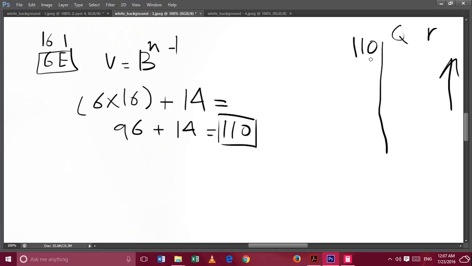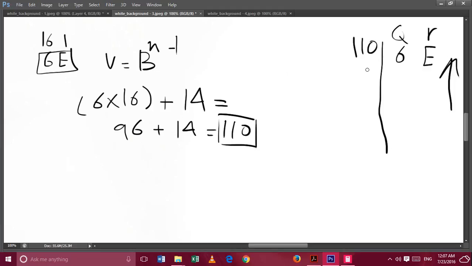110 divided by 16 equals 6, right? Why? Because 6 times 16 equals 96, and we still have 14. So that equals 6, and we're going to write e here. But remember, we're going to write it like this, okay? Don't make a mistake in the exam and write it in a decimal notation.